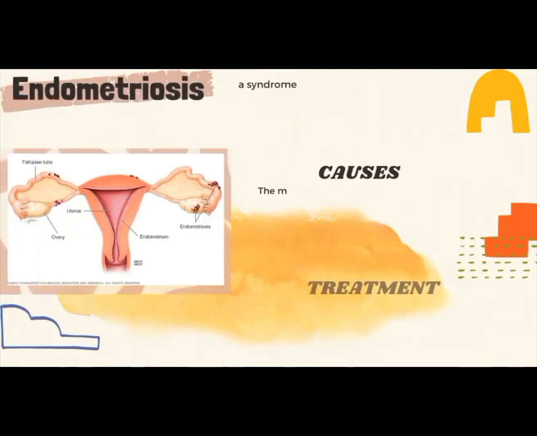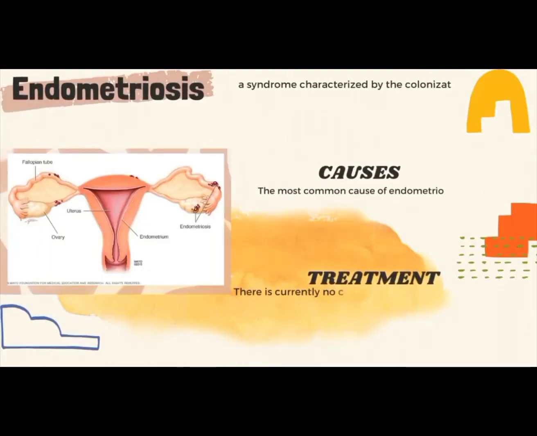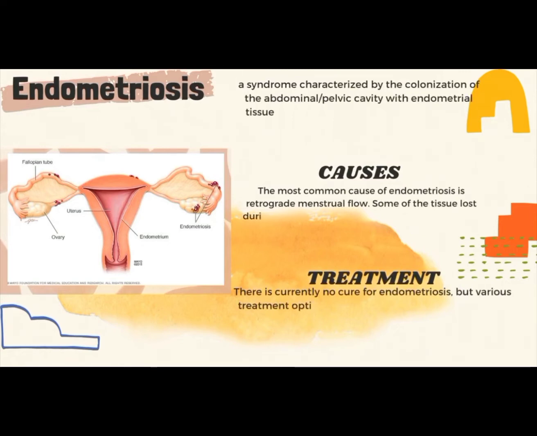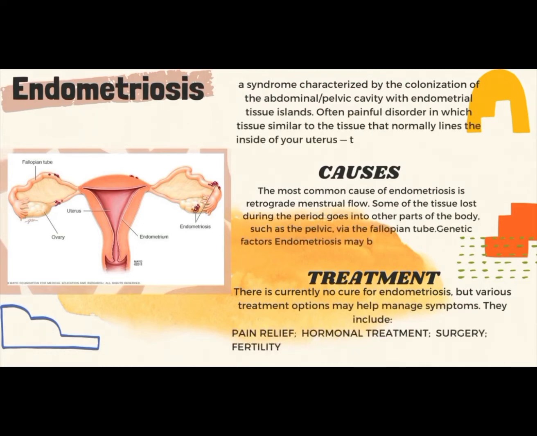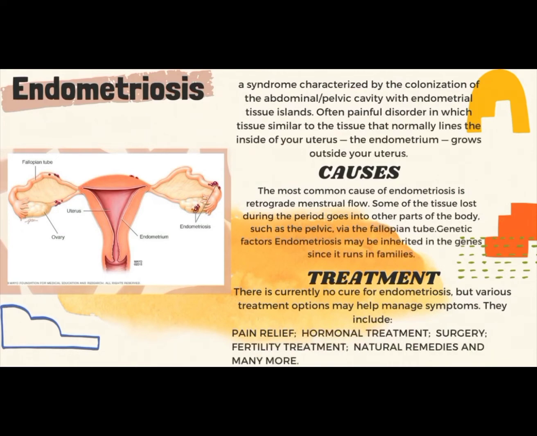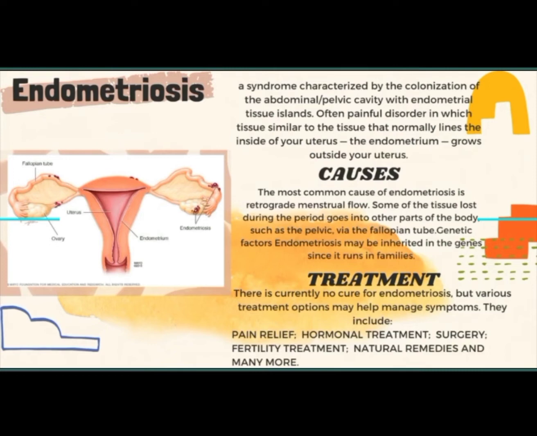The first disorder is endometriosis, a syndrome characterized by the colonization of the abdominopelvic cavity with endometrial tissue islands. It is an often painful disorder in which tissue similar to the tissue that normally lines the inside of your uterus, the endometrium, grows outside your uterus. The most common cause of endometriosis is retrograde menstrual flow.